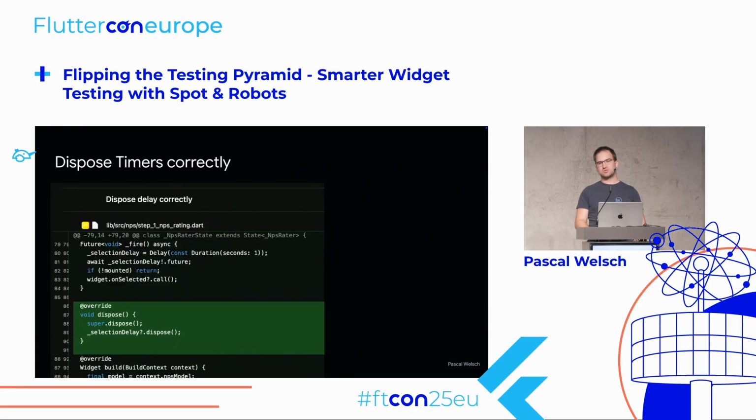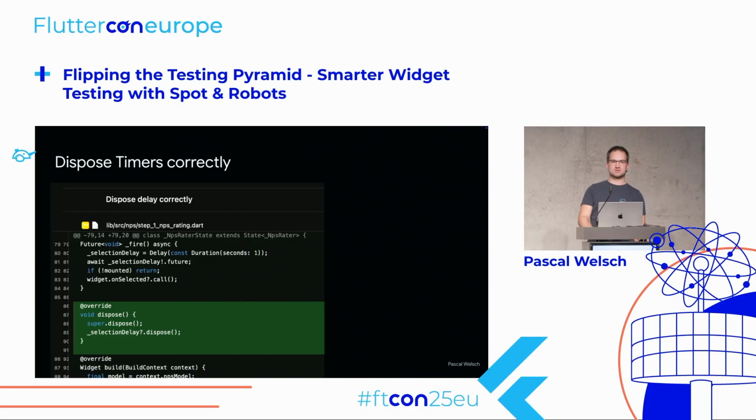And once you successfully start pumping your application, maybe you click a button and you successfully finish the last line of your test with an assertion, the test might still fail. And the reason for that is that you forgot to dispose some timers. Usually there are many timers in your application, some UI delays, something else, maybe an animation.